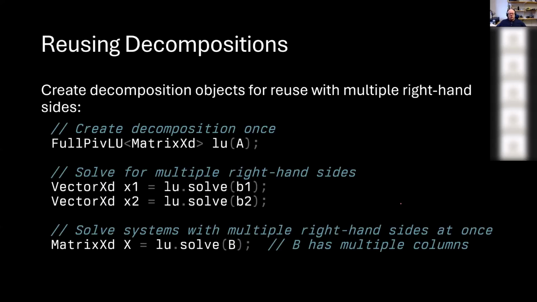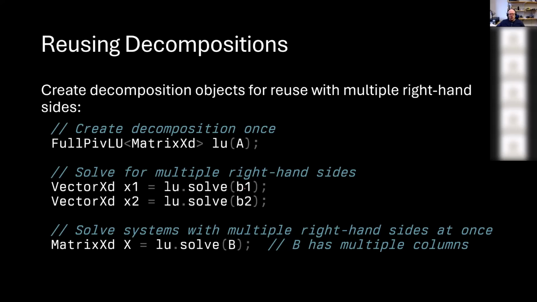What you also can do is reuse the decomposition for multiple right-hand sides. You can do that with FullPivLU on a MatrixXd. Then you have this object lu here, which you can reuse. You give A as an input, and then you can do multiple solves.